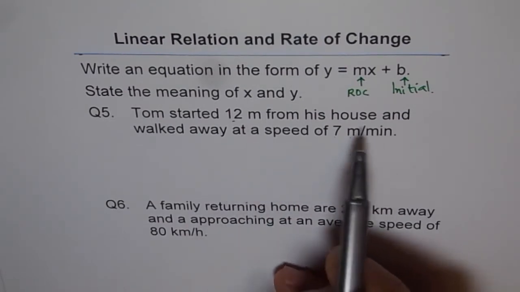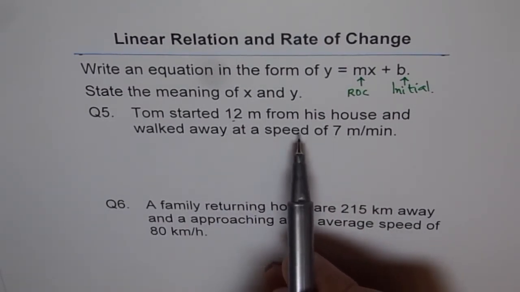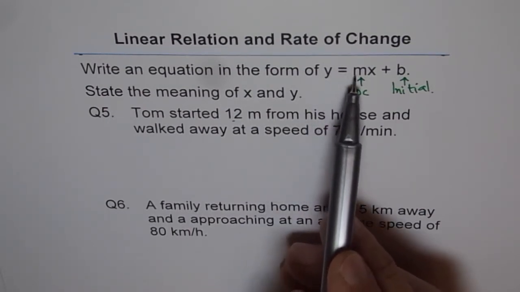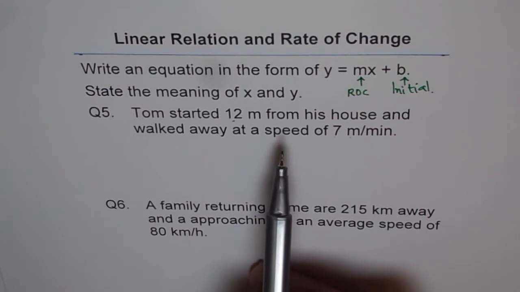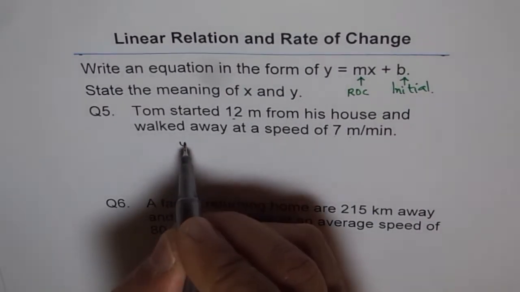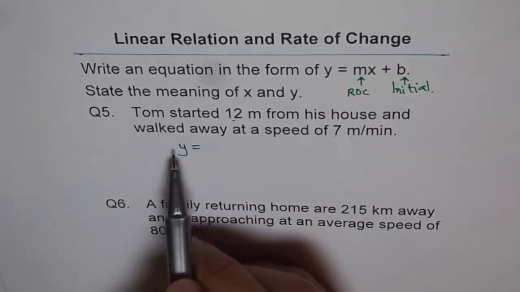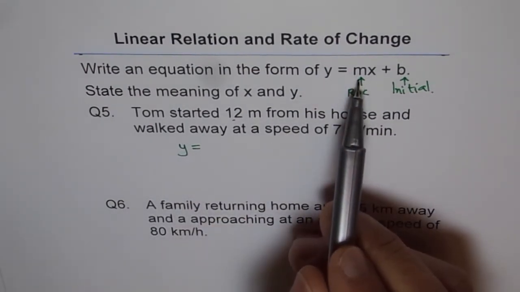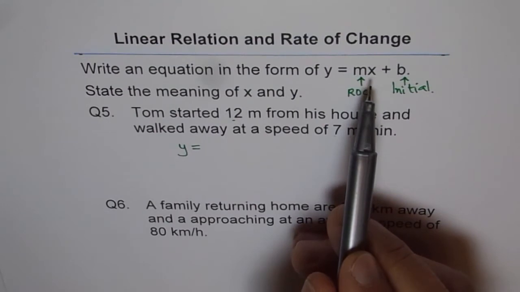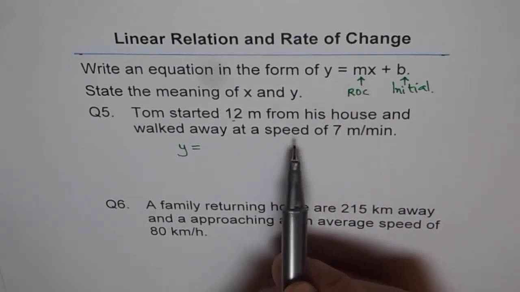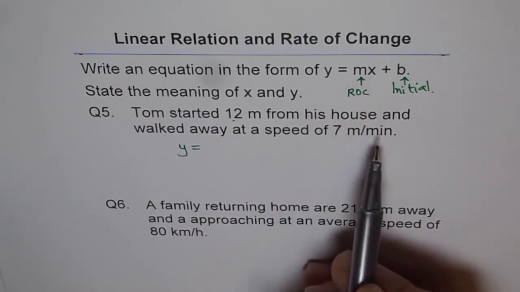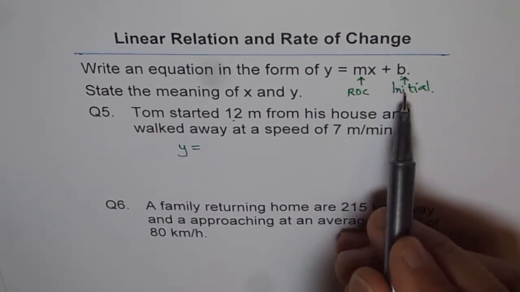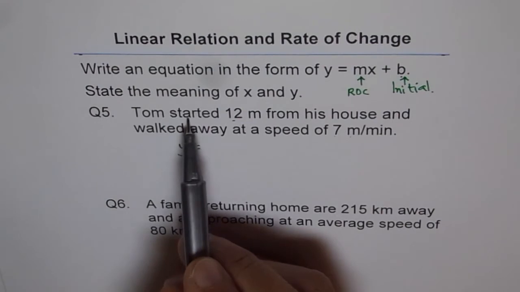So we can model this situation algebraically in the form of a linear relation, y equals mx plus b, where y is the total distance, m is the rate of change, x is the independent variable, time in this case, time in minutes, and b is the initial value from where Tom started walking.